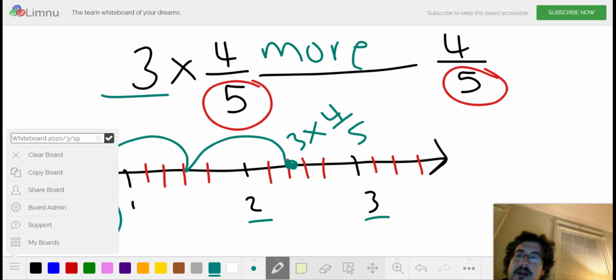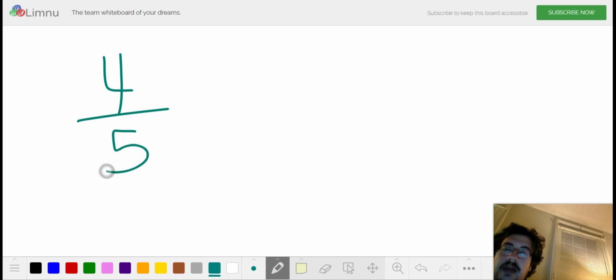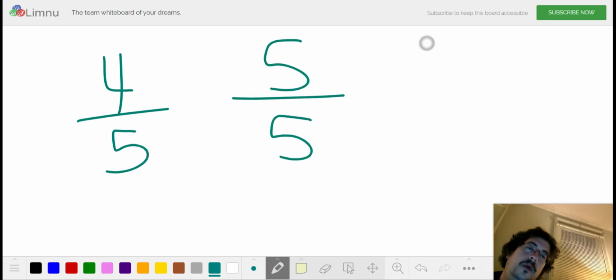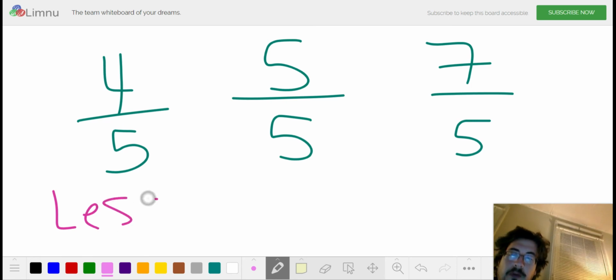The main thing that you need to make sure that you can distinguish are fractions that are more than 1, less than 1, and equal to 1. So this 4/5 would be less because the numerator 4 is less than the 5.